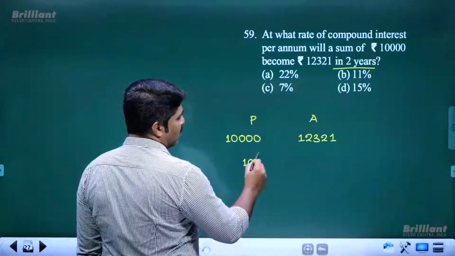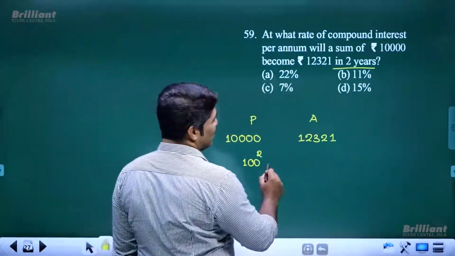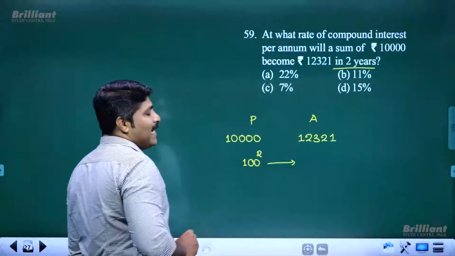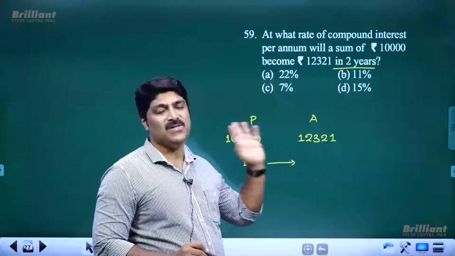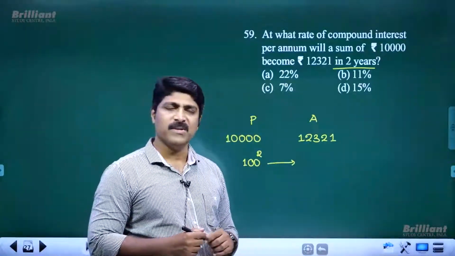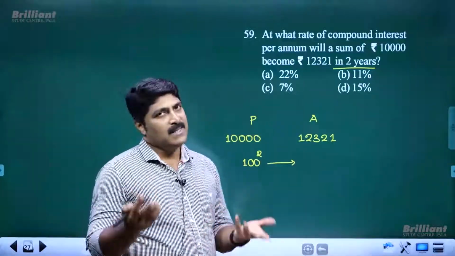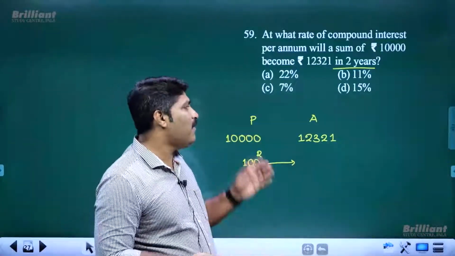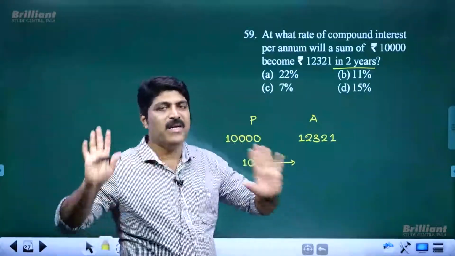No doubt, that is 100 squared. Our only challenge here is to identify the square root of this number. Can you recall the square root of this number? That kind of step will support you. In such a situation, if you are not able to find the square root of this number, don't worry.